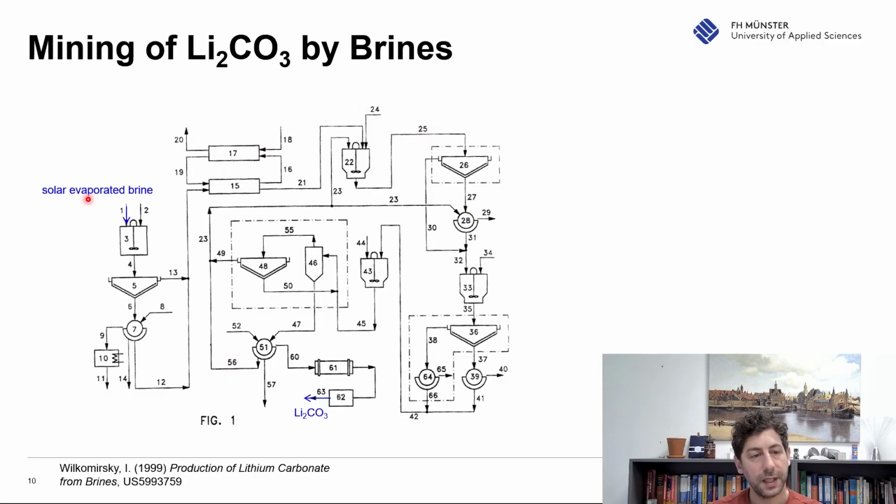And what you do is you take this enriched brine, and then you see here a very complicated process, right? So a lot of things happen along the process until at the end, when I go through here, we get our lithium carbonate. And the question is, what happens?